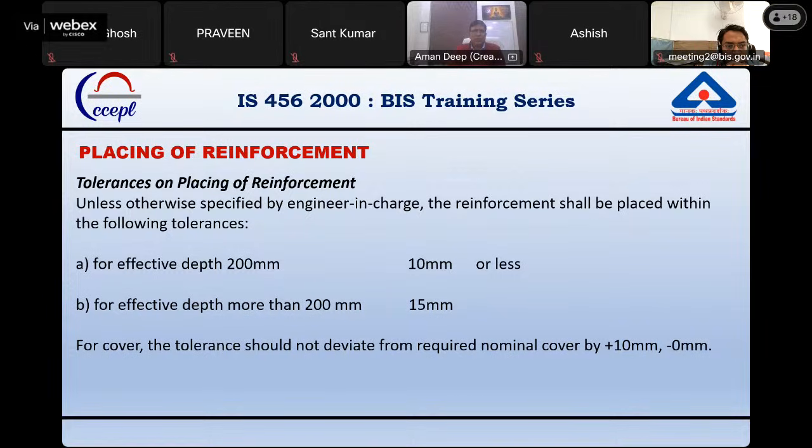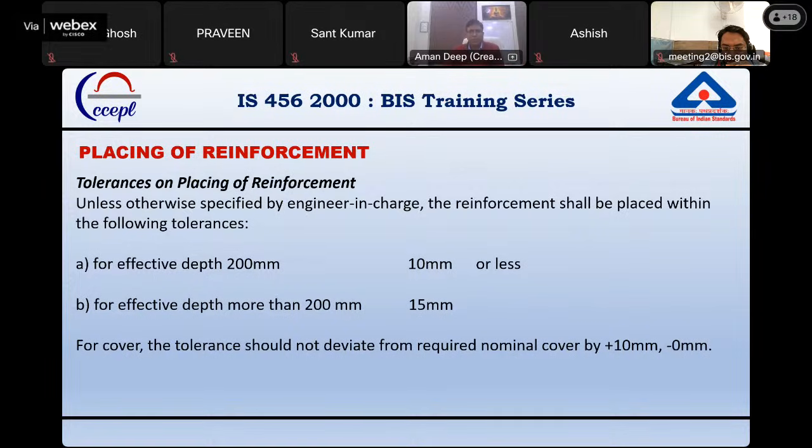I have already told that, unless otherwise specified by the engineer-in-charge, the reinforcement shall be placed within the following tolerances. It has to match with the drawings, and for an effective depth of up to 200, the tolerance is 10 or less. The position can vary here and there by around 10.